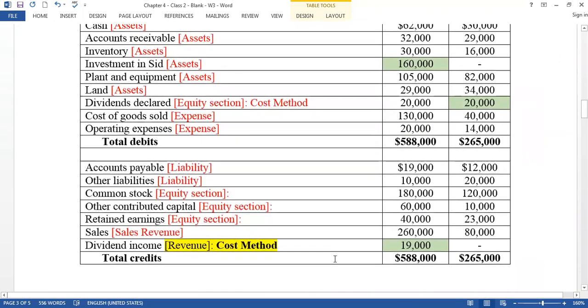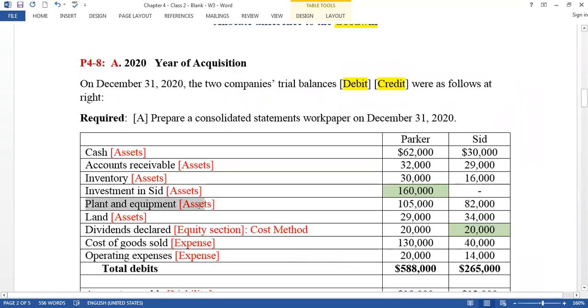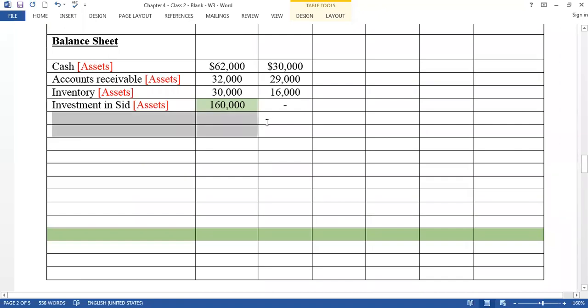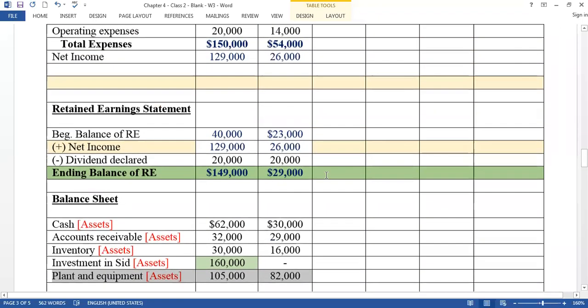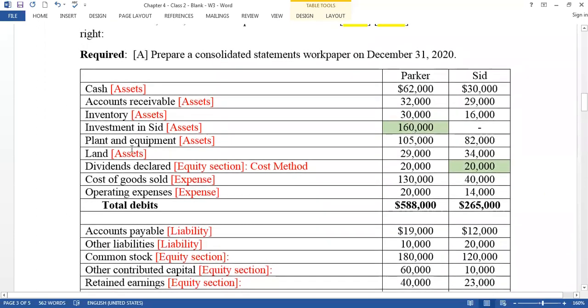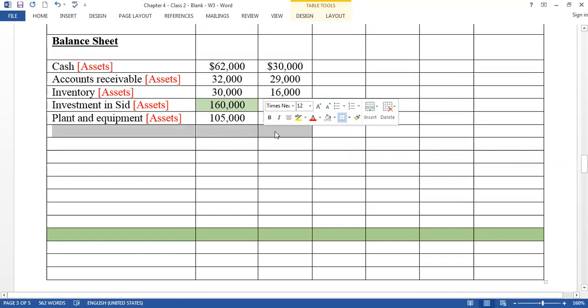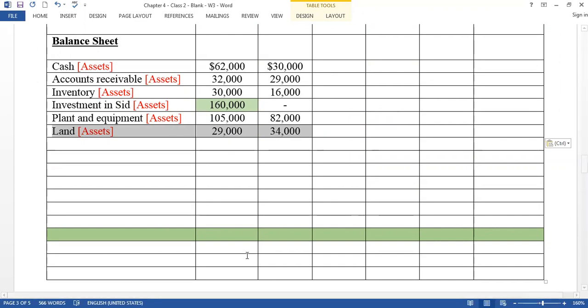Investment in subsidiary is an asset, right? Then plant and equipment is an asset, and land is an asset. So you understand up to here?